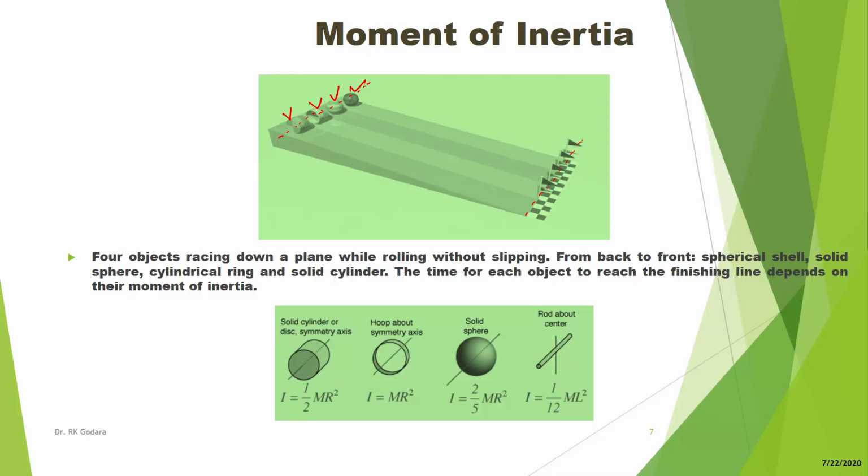This will depend on the mass moment of inertia of these objects. So these are the formulas for these particular objects. For a solid cylinder, the mass moment of inertia about its axis is (1/2)mr². For the ring, this is mr². For a solid sphere, this is (2/5)mr². And for this rod about this axis, the mass moment of inertia would be (1/12)ml².